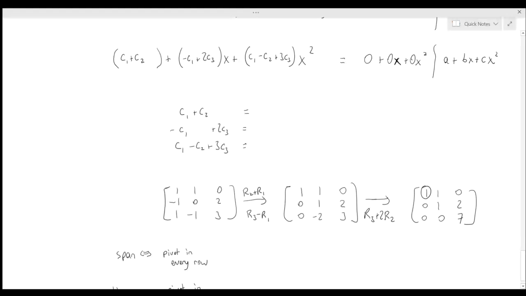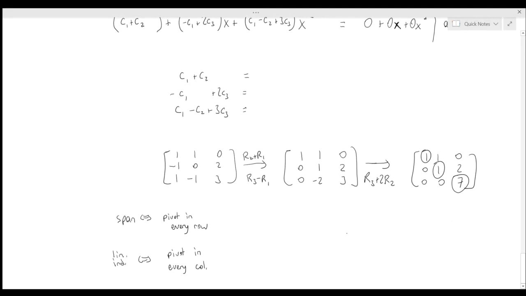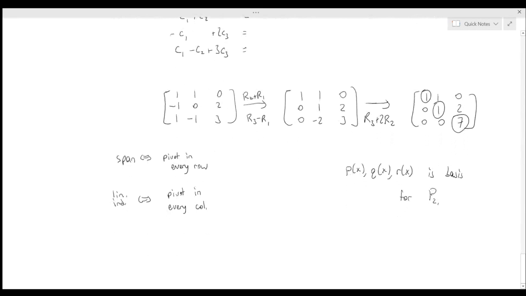Okay, so now that we have it in row echelon form, see that we do have a pivot in every row and every column. So therefore, we can conclude that the three polynomials that we were given do in fact give us a basis for the space P2. All right, so any questions about that? If not, then I'm finally going to talk about some more concepts.